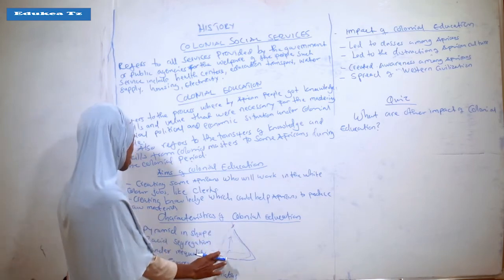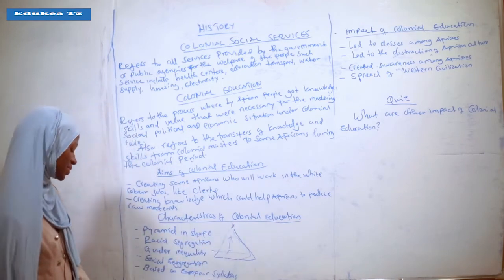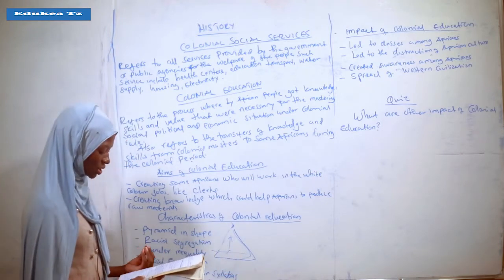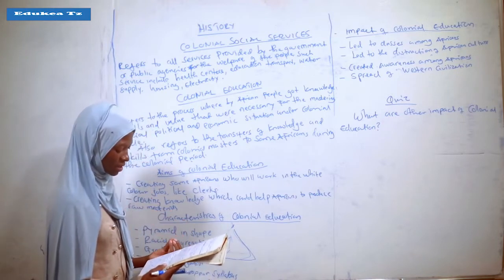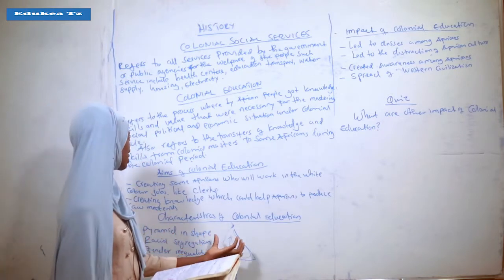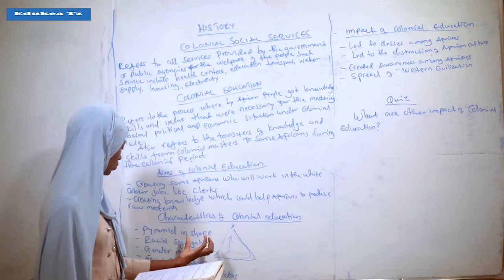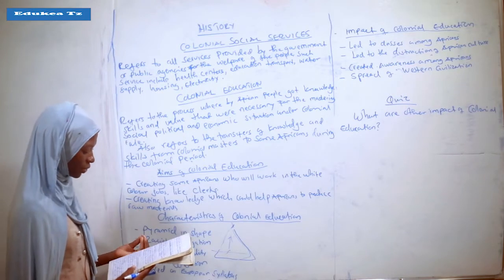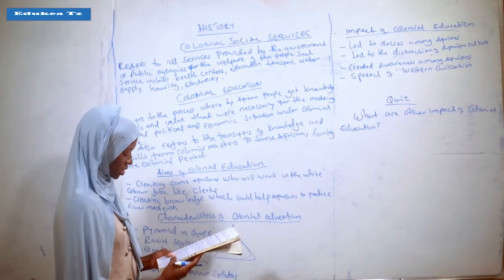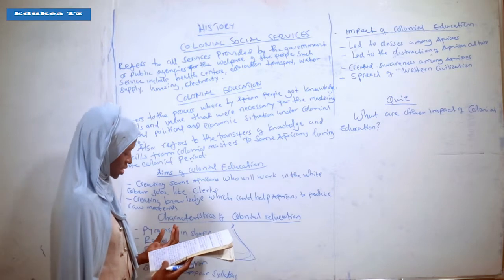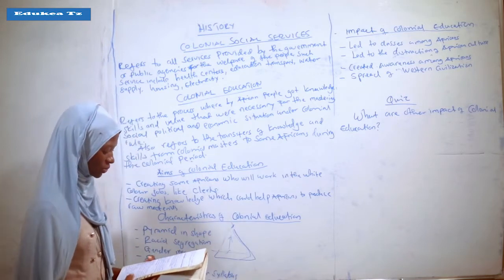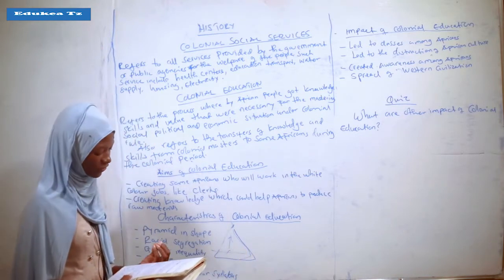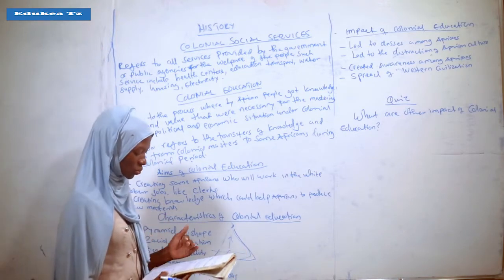Also, colonial education was characterized by racial segregation. Quality education was provided to white children, the Europeans. The quality of education differed from one racial group to another.